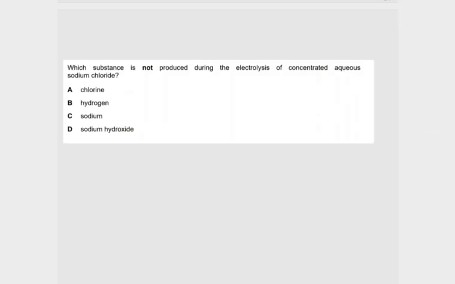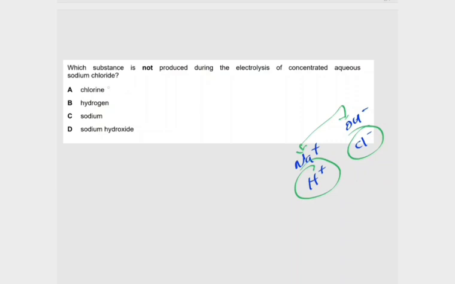Which substance is not produced during the electrolysis of concentrated aqueous sodium chloride? So you have concentrated aqueous sodium chloride, that is Na+ and H+ as the 2 cations, and OH- and Cl- as the 2 anions. You're going to get H+ at the cathode, it will produce hydrogen, and it will produce chlorine at the anode, and you have NaOH in the solution.